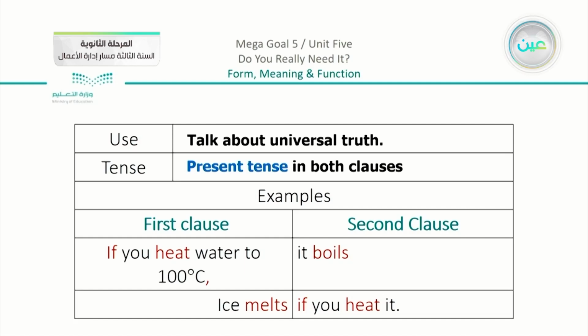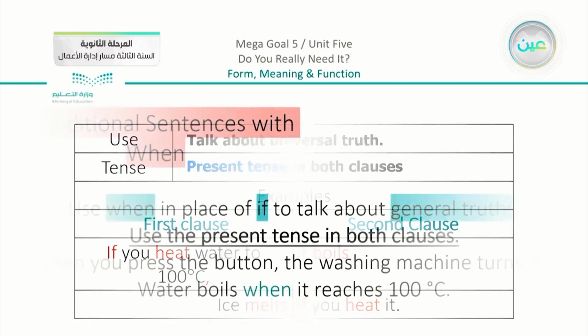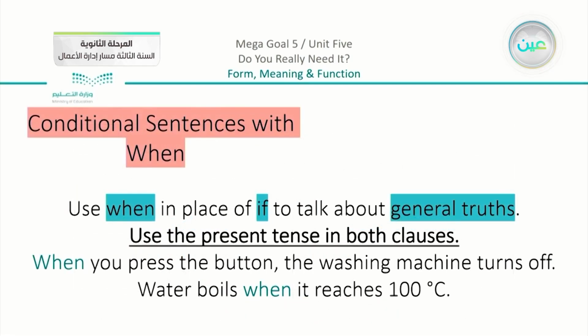Now moving on, with this kind of conditional sentence, I can use when instead of if. So I can replace here. Instead of saying if you press the button, the washing machine turns off, I'm going to say when you press the button, the washing machine turns off, and you can see that there is no difference.